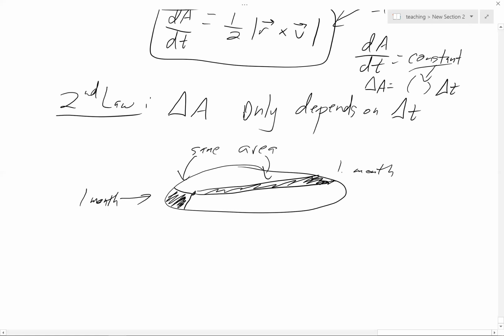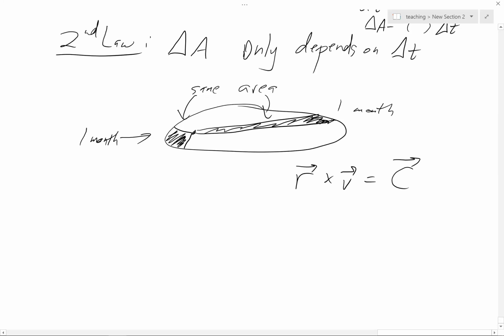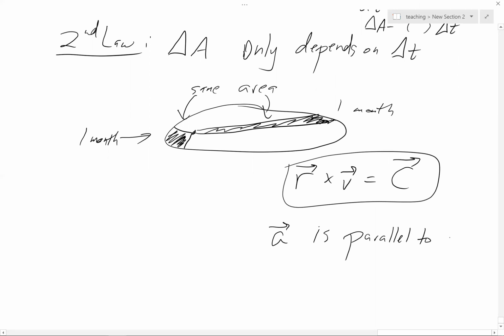So that's where Kepler's second law comes from, and his zeroth law. They're both just simple consequences of r cross v being constant, and that in and of itself is a consequence of A being parallel to r.